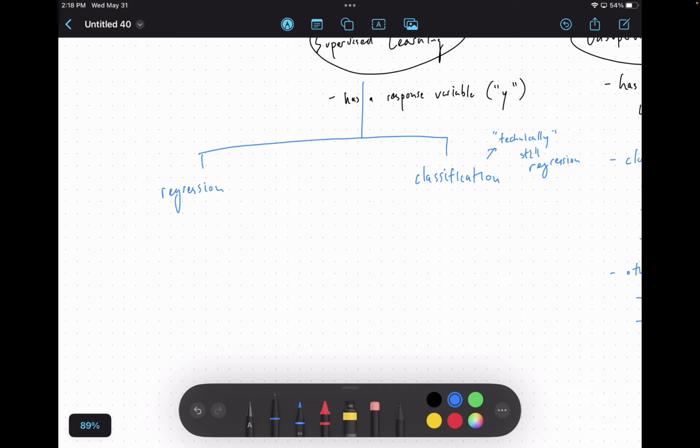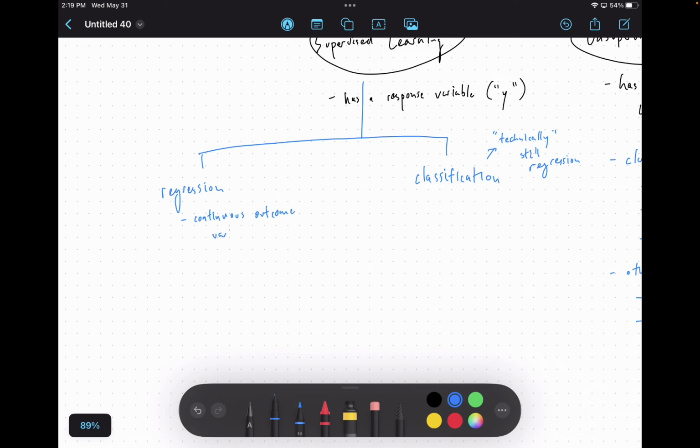What is the difference that we're talking about here? Yes? Classification generally is for binary or group categorical variables. Yep, exactly. So this is for continuous outcome variables. Oh, I don't know why I'm so bad at spelling today.